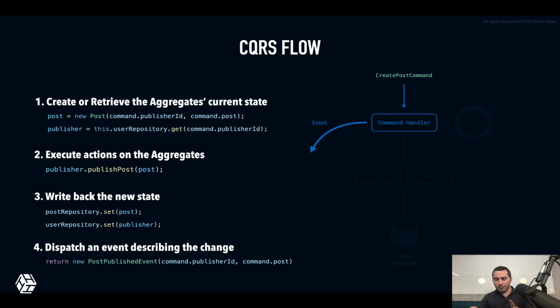Those are domain objects, and they should be locked inside the command handler. So those domain objects will only be in the domain model and in the command handler, but they would never exceed those boundaries, because you don't want domain logic to be exposed to any other components of your system.